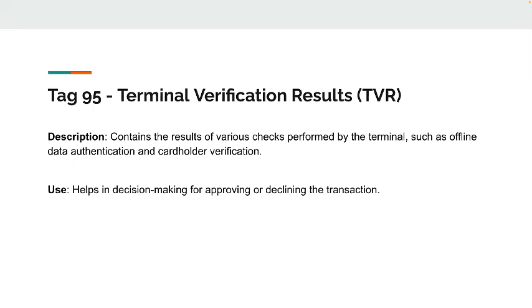Did I do offline data authentication? Did I do cardholder verification? If I did that as a terminal, what was the result, and all that, right? That has to be passed in the EMV object, the TLV object that has been sent upstream, right? It helps in decision making for approving or declining a transaction.